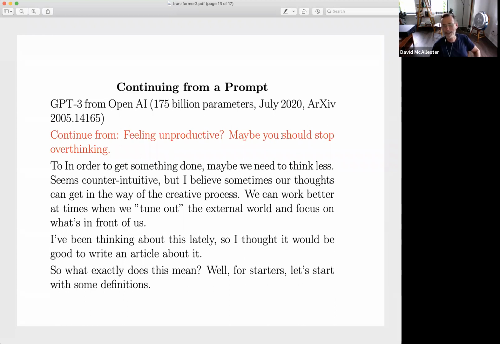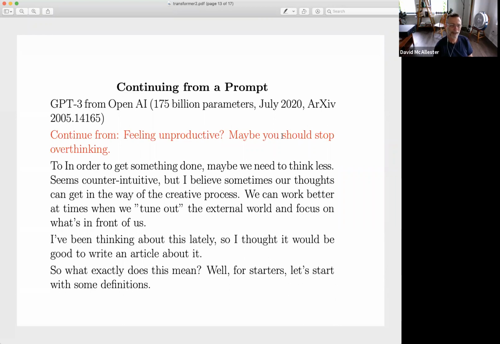Then he published that under his own name as a blog post, and this machine-generated blog post was ranked in the top 10 most retweeted or most commented on blog posts in the particular blog he was working with. So the prompt is: feeling unproductive? Maybe you should stop overthinking.